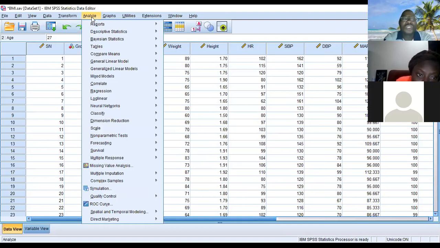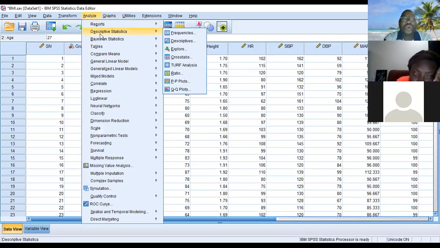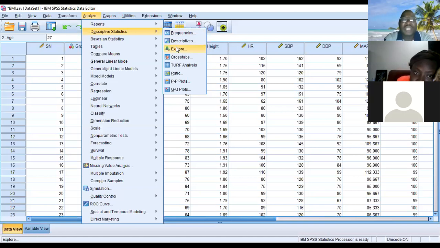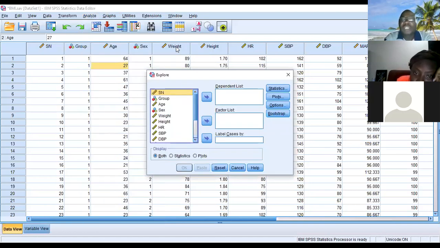Go to descriptive statistics and go to explore. Under the tree, you see explore. I think Dr. Bako did it yesterday with that. Move age and weight to the dependent list. Dependent list, yes. Thank you.